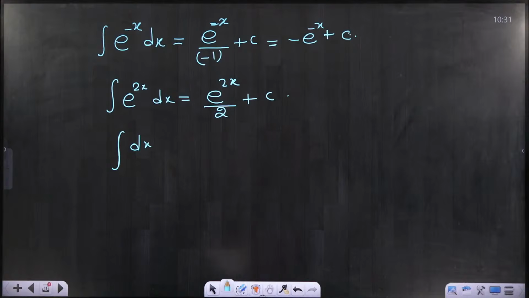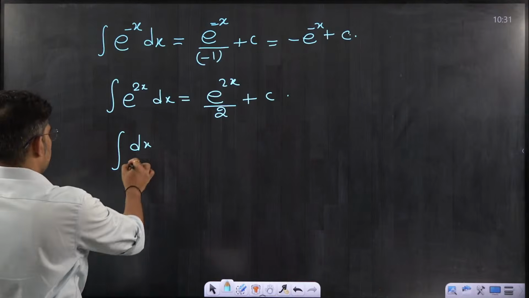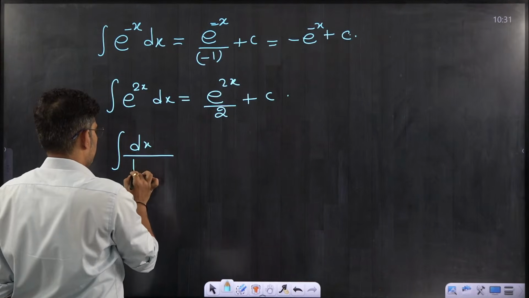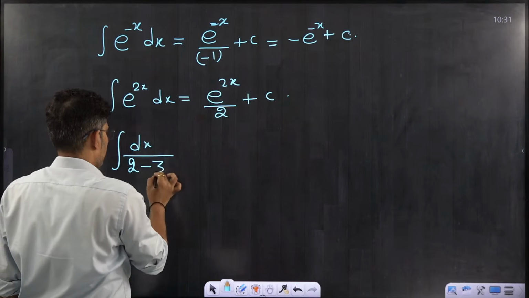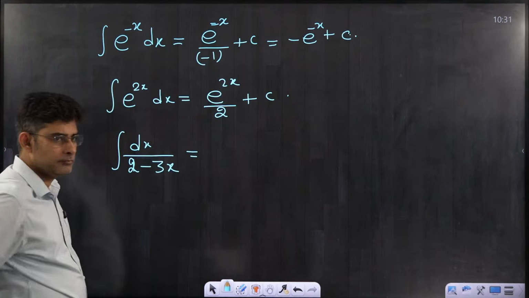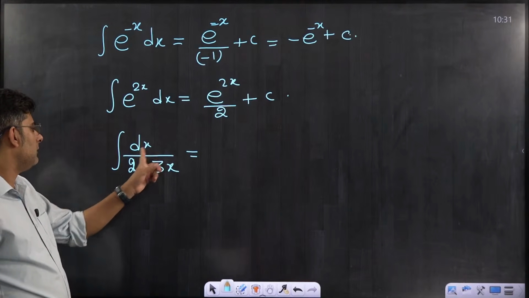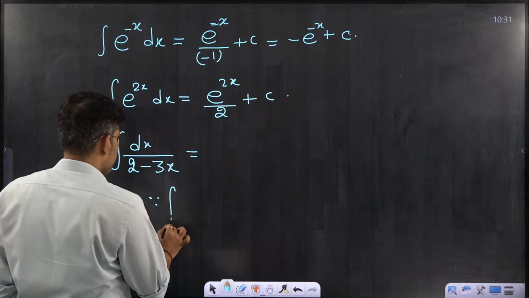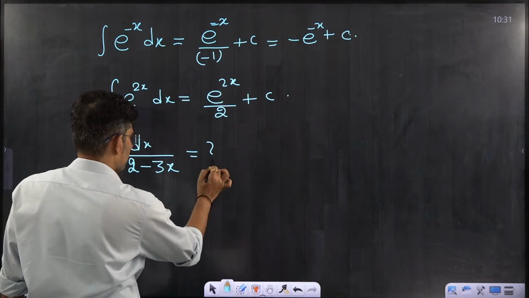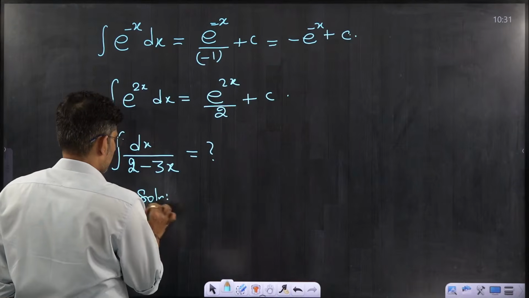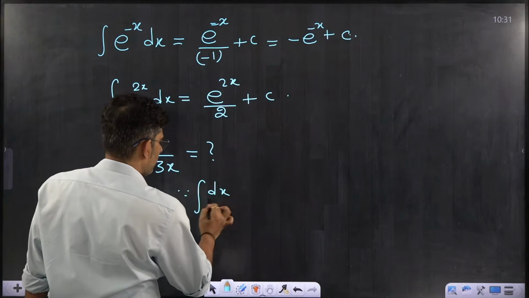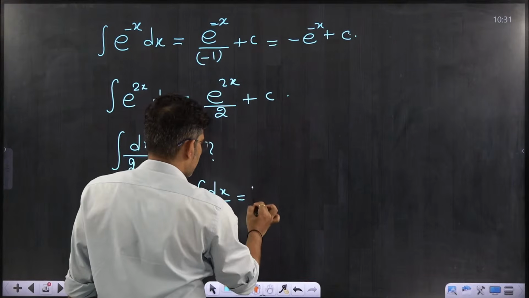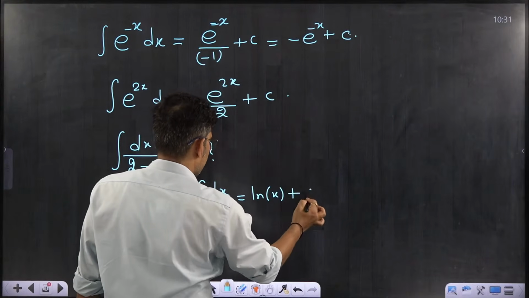So let's see. If we have a form like this, integration dx by 2 minus 3x, so what will you say? Now we know if you just have dx by x, it is natural log x plus c.